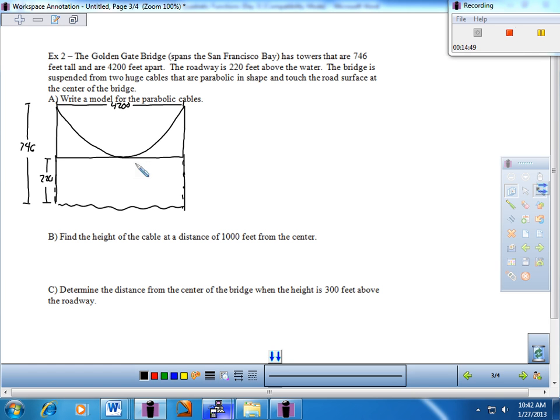For a parabola opening up, unlike opening down, by the way, I think the easiest thing to do is to put that vertex right smack in the middle there on the origin. So as I put my coordinate plane in place, I think just having the origin be the vertex works out pretty well.